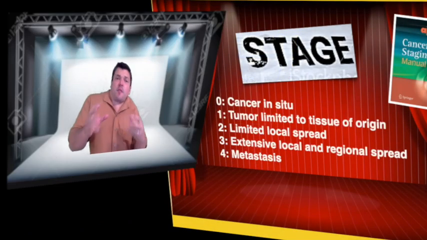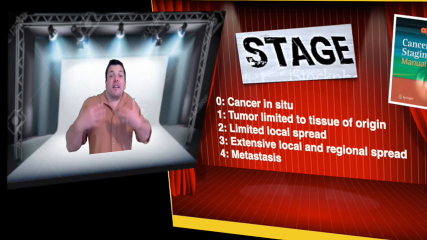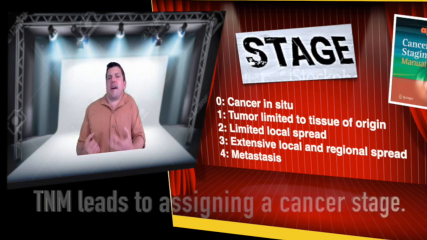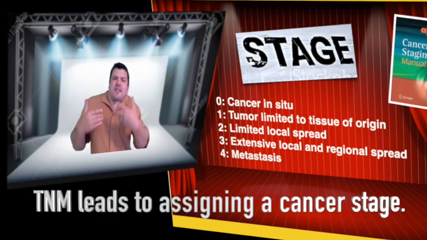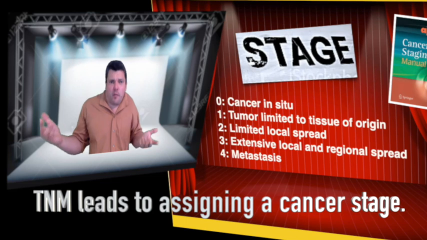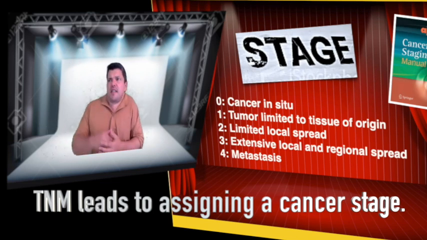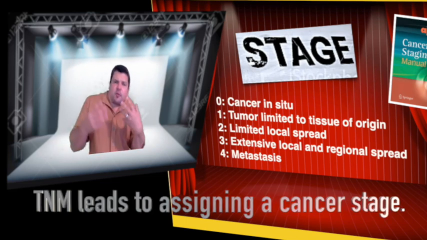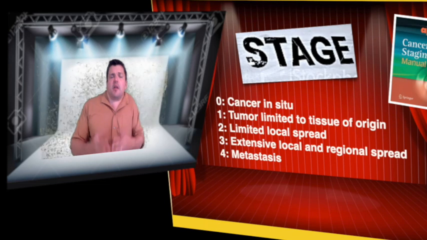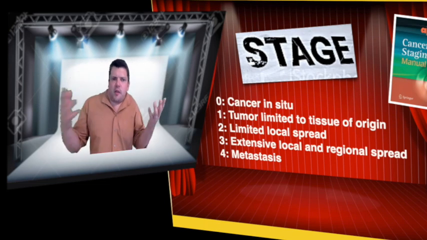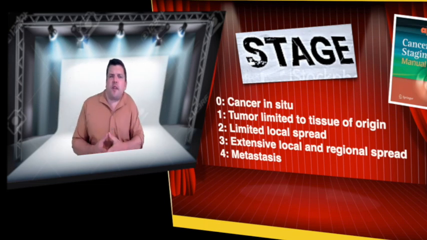Now, the TNM classification is what clinicians will use to arrive at a stage. And stage is what patients know all about because they're reading it on WebMD and on doctor.com, and that's what they're asking you about as a clinician. Nurse, what's the stage of my cancer? So I give you brief definitions.